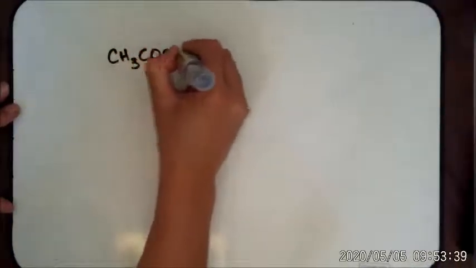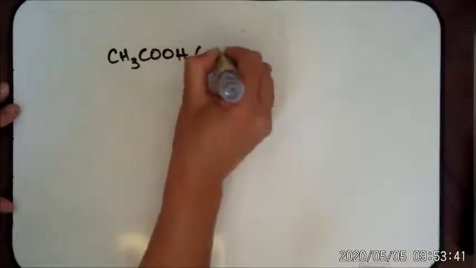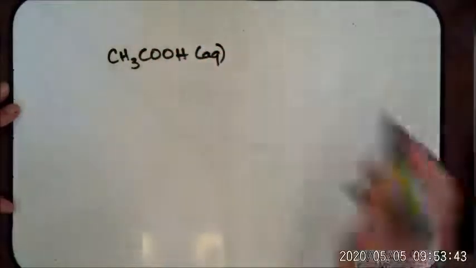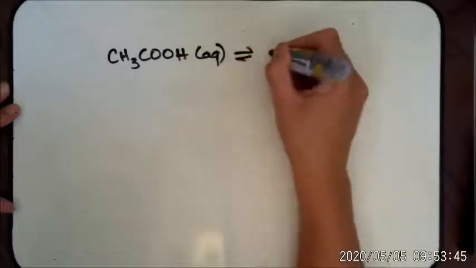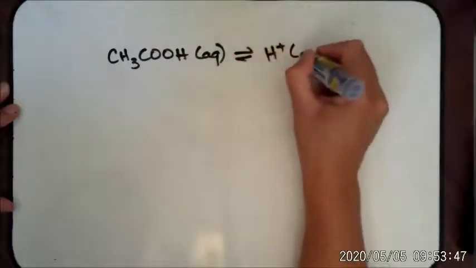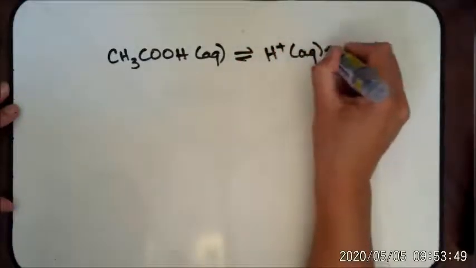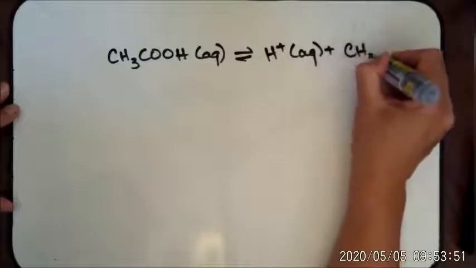Let's say we take something like acetic acid, and it dissociates to H plus and acetate.